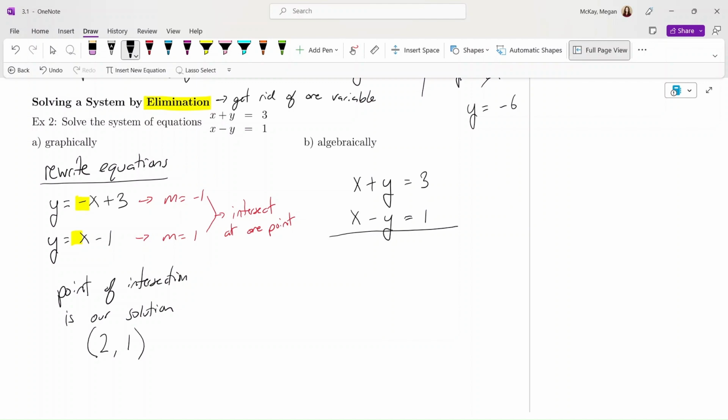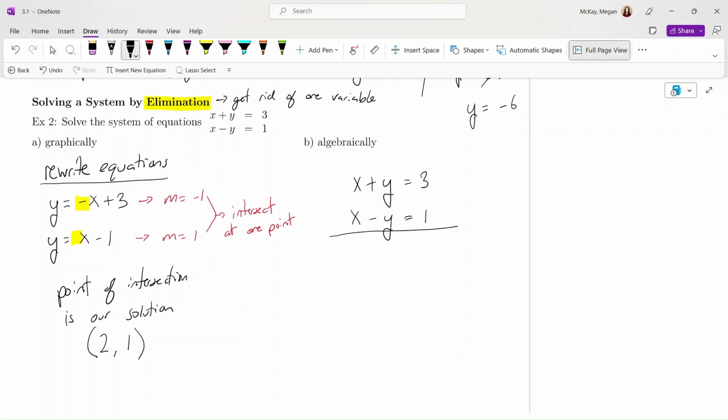Now you can choose either canceling x or canceling y. Often one will be a little simpler than the other. So in this case, I notice that we have a positive y and a negative y. Those are already opposites of each other. So if we added them together, they would cancel themselves out.